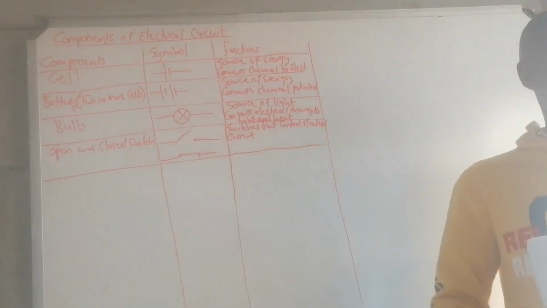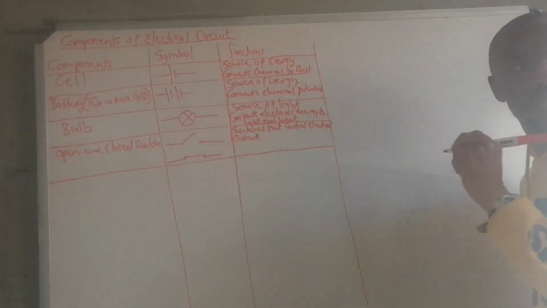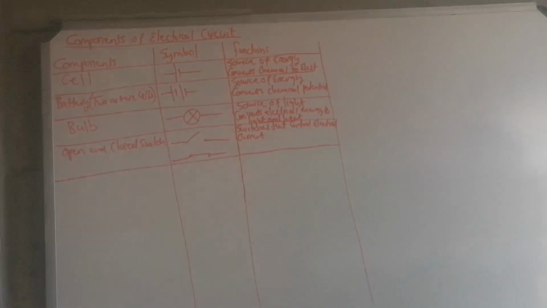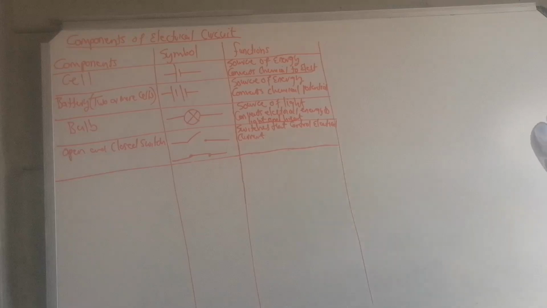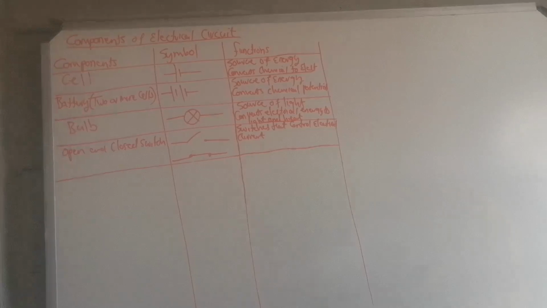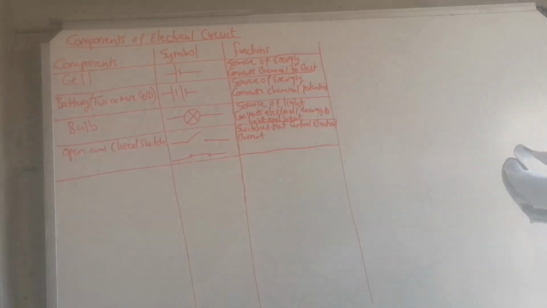But when the switch is closed, the electron is able to move in a complete pathway in order to do work throughout the circuit. So an open switch breaks the circuit and prevents the flow of current, whereas a closed switch completes the circuit and allows the current to flow in the electrical circuit.